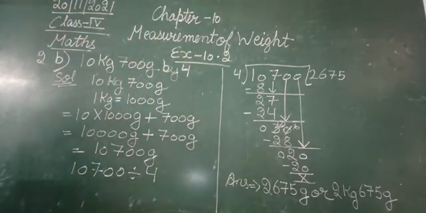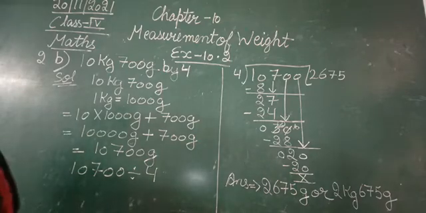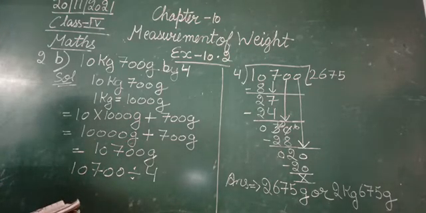This is 2 kg 675 gram. Okay, so this is the solution of the B part of question number 2 of exercise 10.2. You can pause it here and note it down in your notebooks.